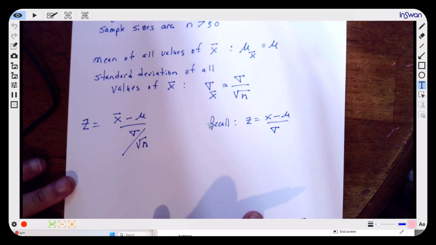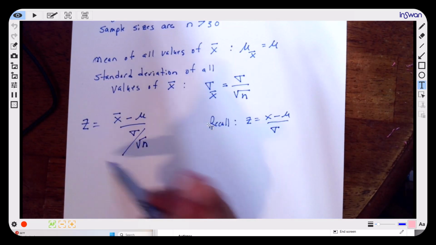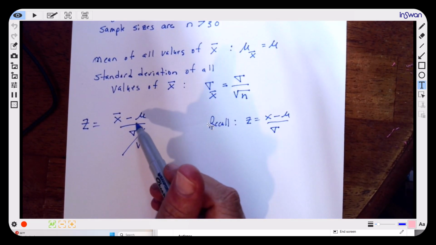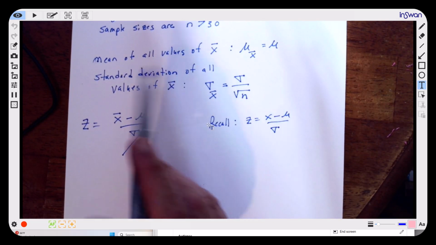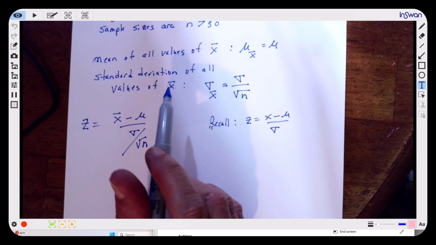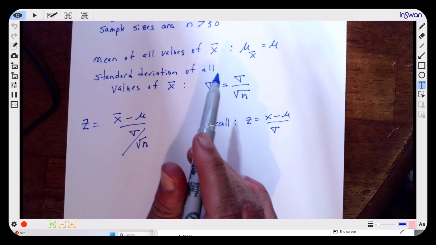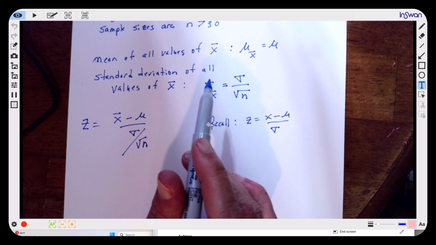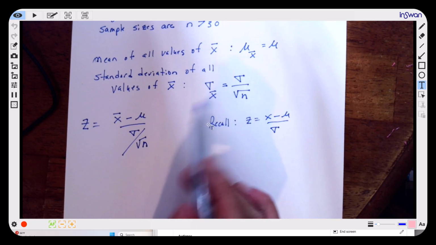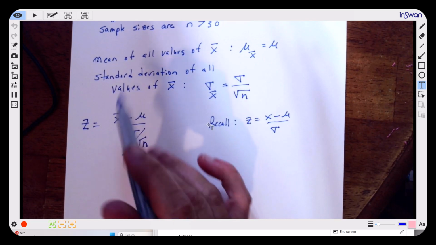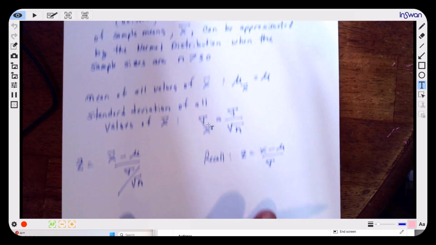A lot of people will ask, how do I know whether to use the central limit theorem to find the z-score, or just use a regular normal distribution? If you're ever given a question in your homework that says we have sampled n equal 35, and it doesn't say that it's normal, then we know that the central limit theorem kicks in.